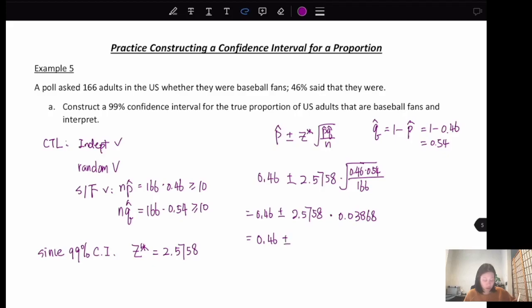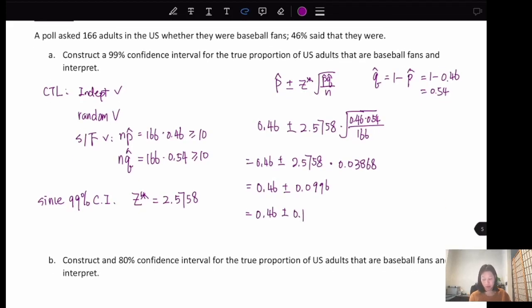Now I have 0.46 plus or minus the multiplication first, which is 0.0996. We can round this up to 0.1. So I have 0.46 plus or minus 0.1. We can round this up, or you can just keep it as detailed as possible. That's also fine.